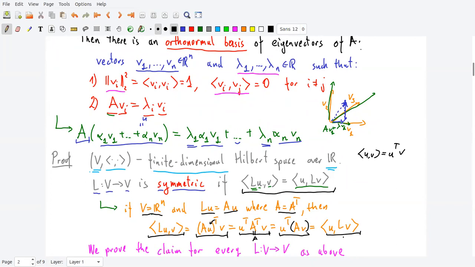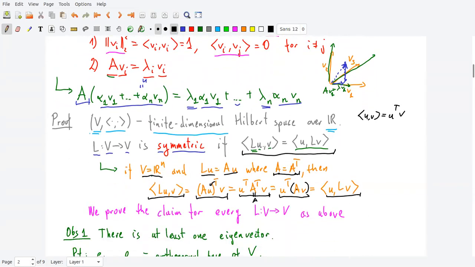And every finite dimensional Hilbert space over the reals, if you take any orthonormal basis of the space, is isomorphic to R to the n with the standard scalar product. So this is a precise characterization of what symmetric endomorphisms look like. They correspond to symmetric matrices.